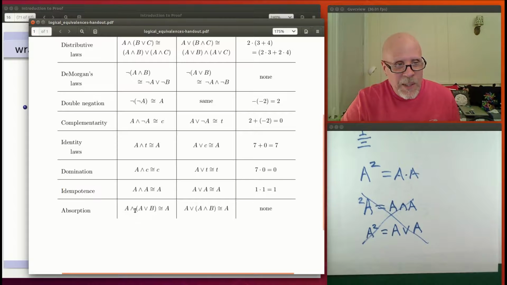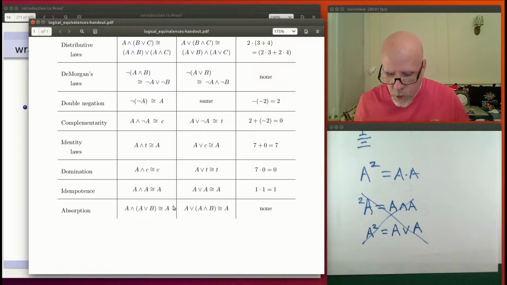The last thing on here is absorption. And frankly, absorption only exists because we found that there were some things that were equivalent that we could not show were equivalent just using all the other things. Surprise. There's no algebraic analog to this rule. It seems weird at first. Wrapping your head around absorption is a great idea, but it's hard to do.